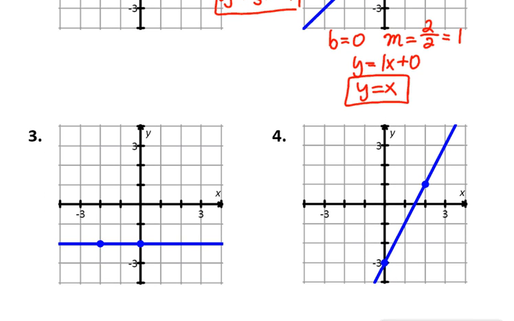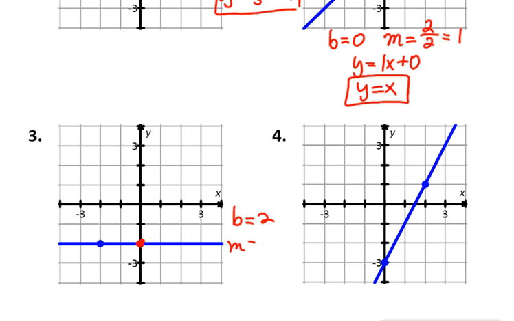Example 3 is a horizontal line. In this one, again, you can see the 2 points. Here's our first one. So our y-intercept is, that's right, our y-intercept is 2. So b is equal to 2. What's the slope on this one? What's the rise? It doesn't rise, does it?